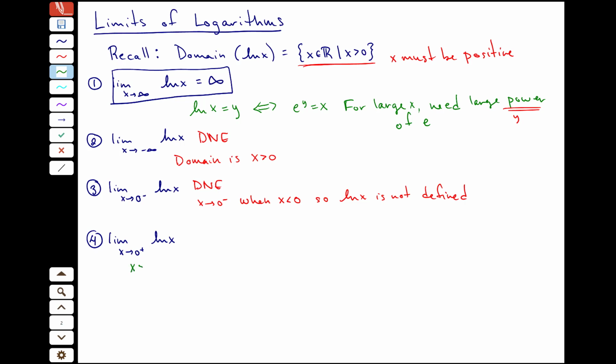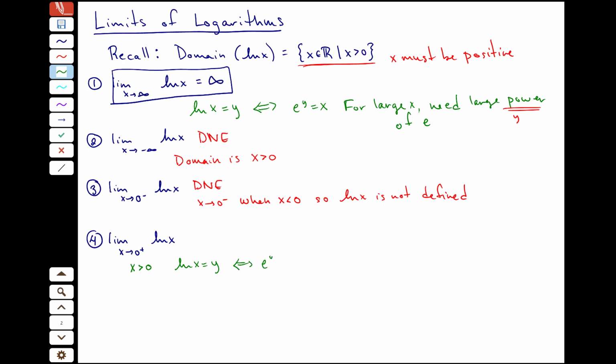On the other hand, we can take the limit as x goes to 0 from the right. So in this limit, x is positive and it's small. So again, let's think about if the natural log of x is equal to some y, and let's flip that around.